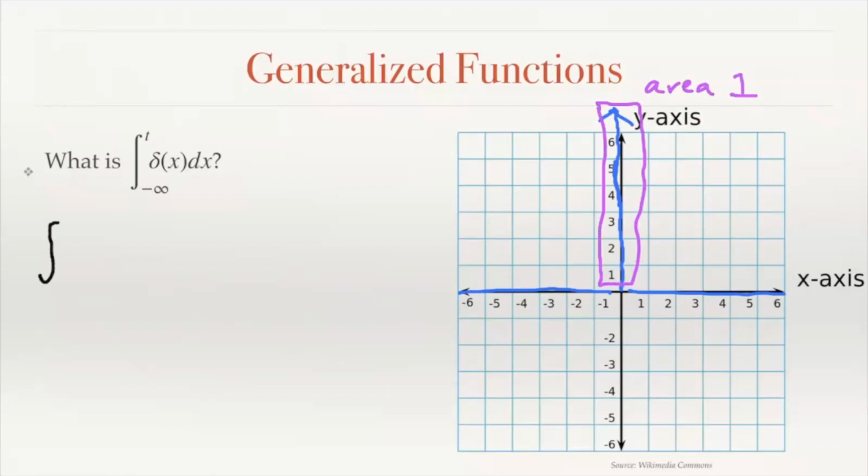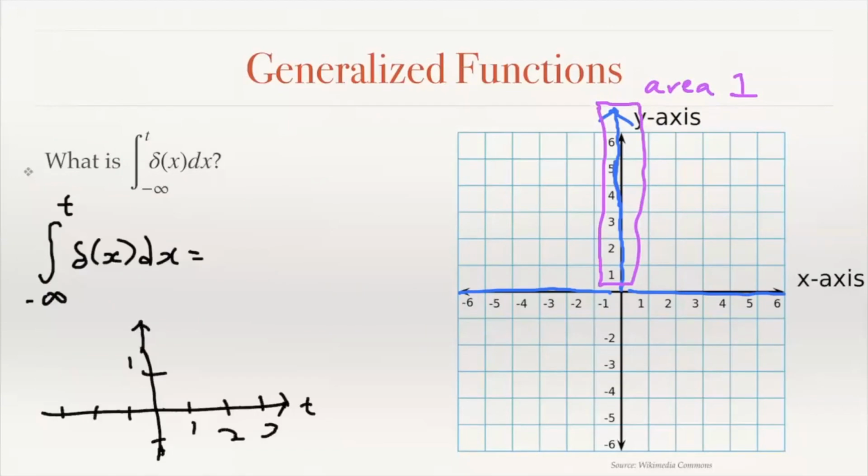And what is this integral? So imagine as we're moving from left to right, accumulating area. So when we're at this point, for example, what is the area underneath the Dirac delta function to the left? Well, there is no area to the left. It's always 0 over here. So over here, our integral is 0, and it stays 0.